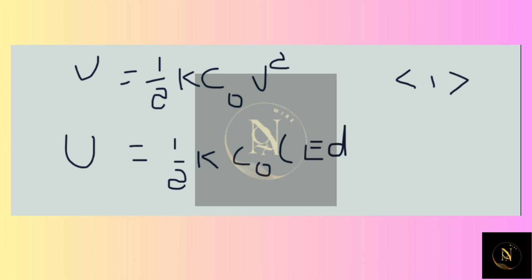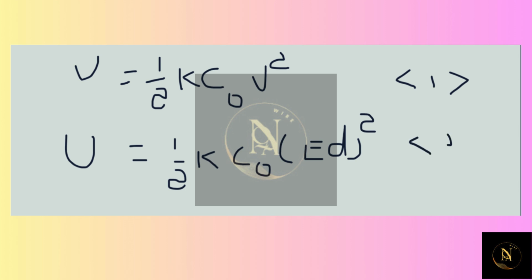Let's mention this as equation 1, where the potential difference equals ED, where E represents 50% of the dielectric strength of each material. So equation 1 will be in the form of U is equal to 1/2 K C0 (ED) squared.